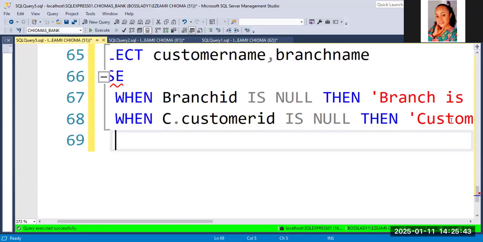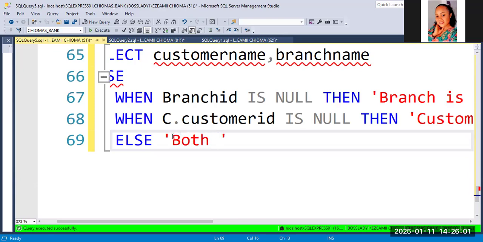I actually made this bold so that you can see it. Else, capital letter ELSE, then both of them are present. Then we end our statement.